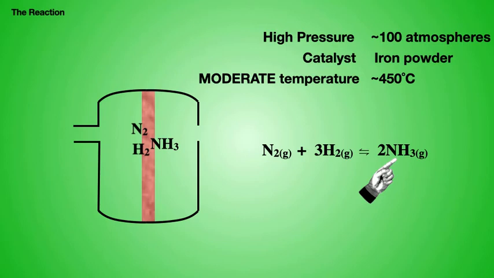At very, very high temperatures, you get lots of that, which is what you don't want. But at very low temperatures, the reaction is too slow, especially if you're talking about pumping gases. So what you want is a moderate temperature, a temperature where you get a reasonable amount of ammonia reasonably quickly.